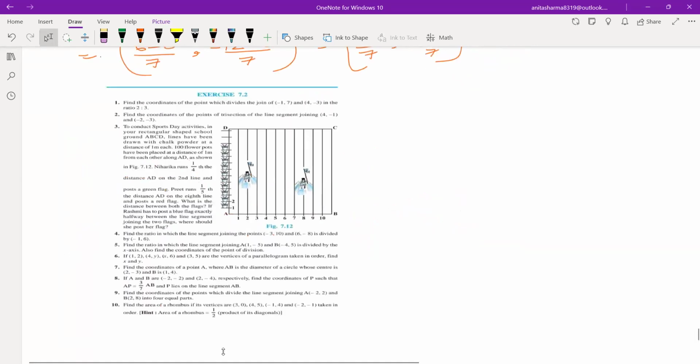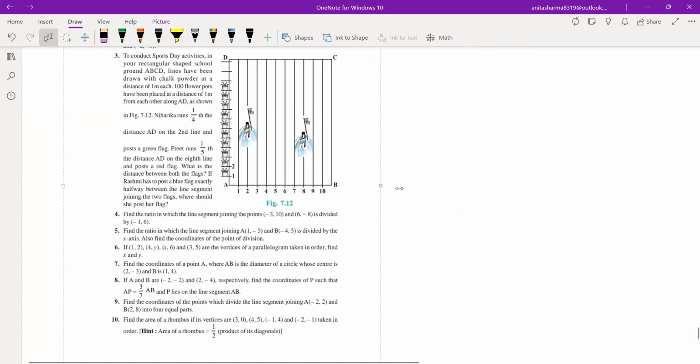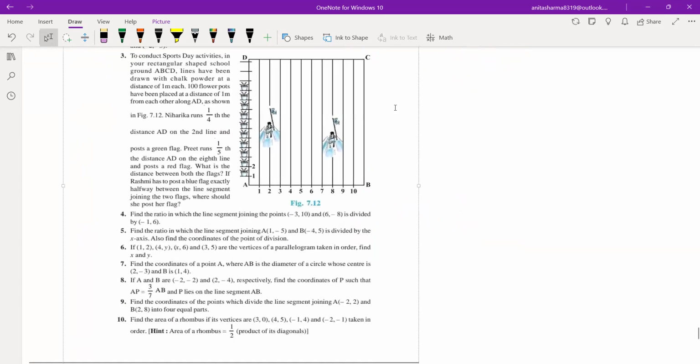Now see next question, children. Find the coordinates of the points which divide the line segment joining A(-2, 2) and B(2, 8) into 4 equal parts.